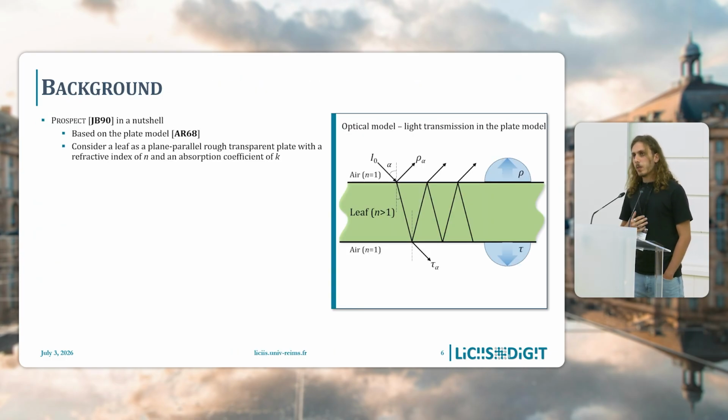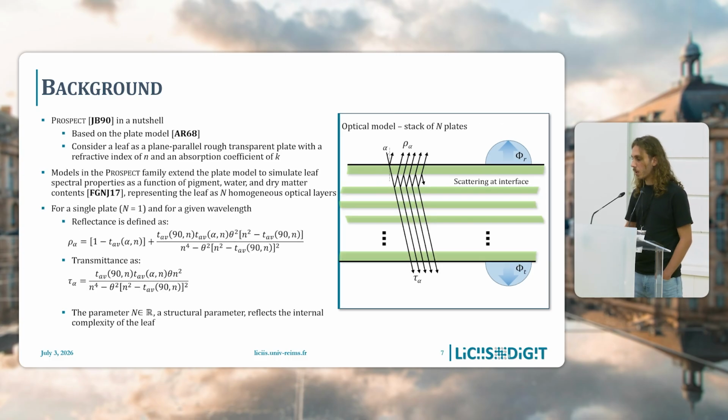One very interesting model in this bio-inspired family is the PROSPECT family of models proposed by Jacquemoud et al. in 1990. They extend the plate model to represent the leaf, and they consider a leaf as a plane parallel rough transparent plate with refractive index and absorption coefficients.